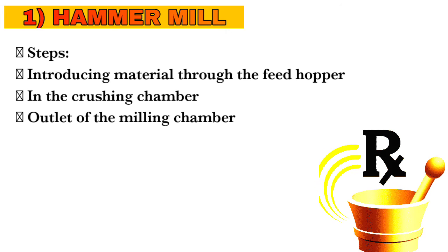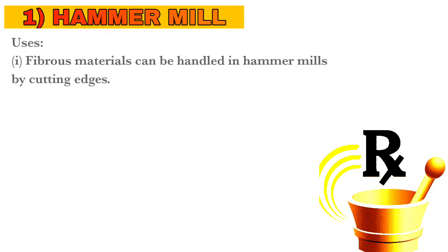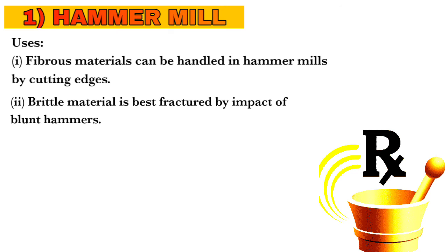So the steps that are covered in the working of hammer mill are: first of all, introducing material through the feed hopper. Second is in the crushing chamber using the hammer. Third one is outlet of milling chamber through screen, where the final product is attained. Uses of the hammer mill include: fibrous materials can be handled by hammer mill by cutting mills.